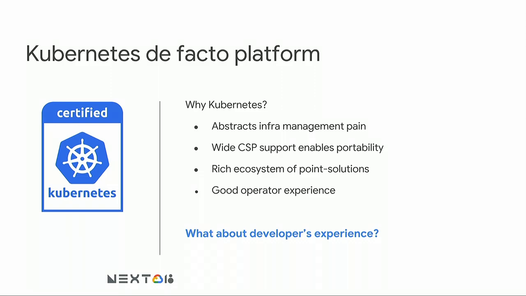The broad support from pretty much every cloud service provider nowadays also assures a lot of portability for your workloads. And the rich ecosystem of point solutions filling the gaps around Kubernetes means that you can take your solution and really adapt it and deploy it. So overall, I know there's still room for improvement. I think we can still make it a little better. But overall, the operator experience, the person who manages Kubernetes, is pretty smooth.